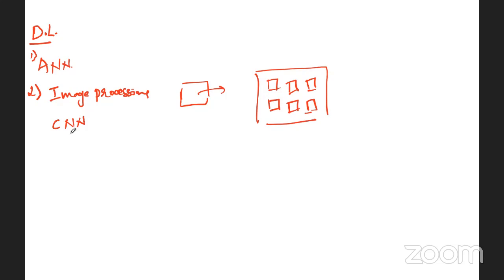Some people have already built architectures, for example from Google we have AlexNet. There are 5 to 6 very popular architectures available, based on CNN, and we can directly use those architectures. That means you don't have to build the CNN from scratch. And this is called transfer learning.